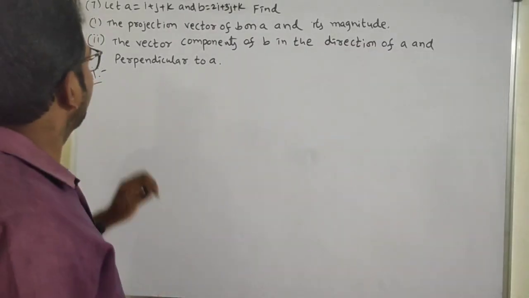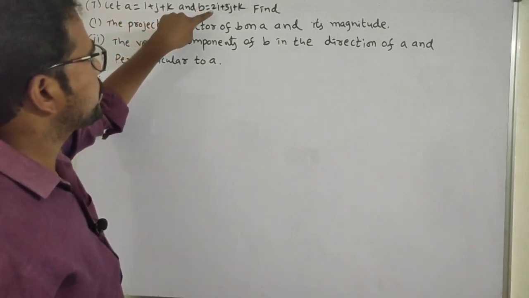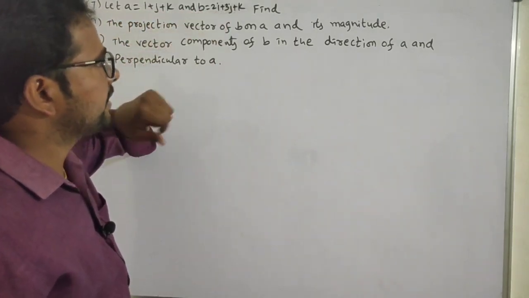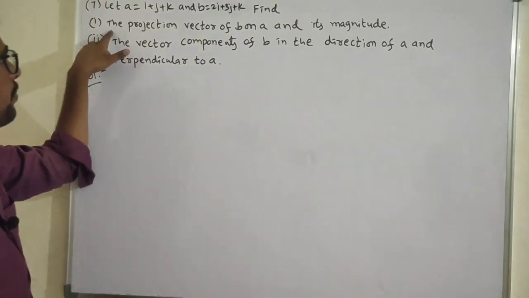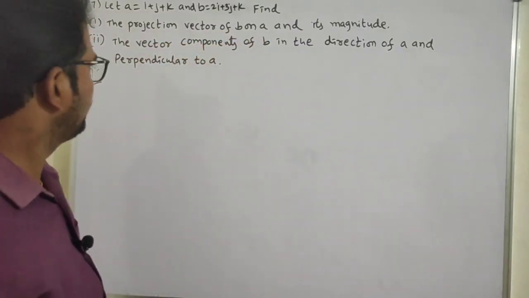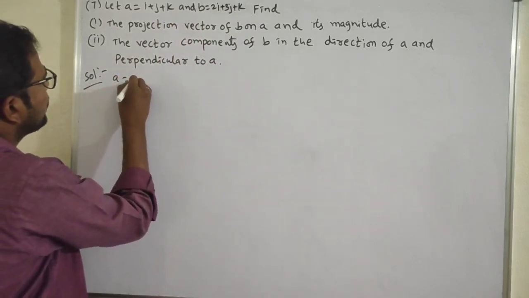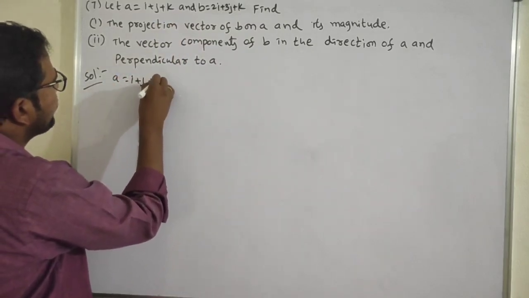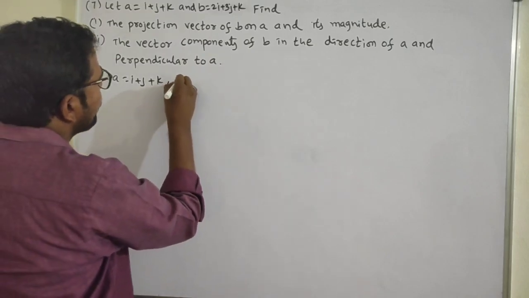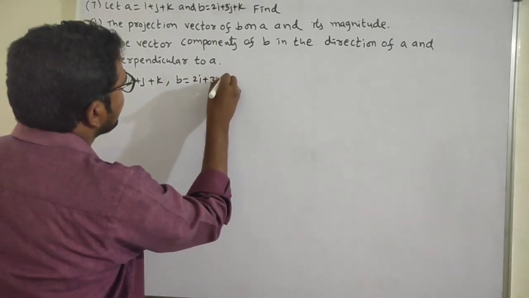Now 7th question. Let A is equals to i plus j plus k and B is equals to 2i plus 3j plus k. Find the projection vector of B on A and its magnitude. So what is given? A is equals to i plus j plus k and B is equals to 2i plus 3j plus k.